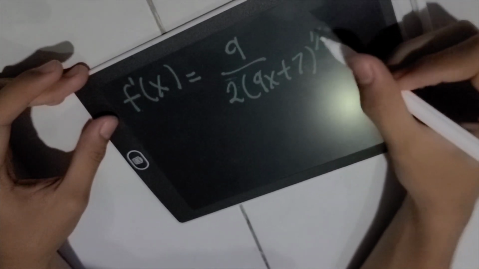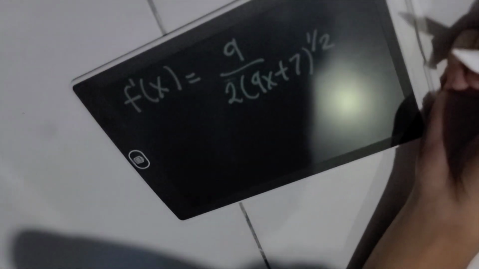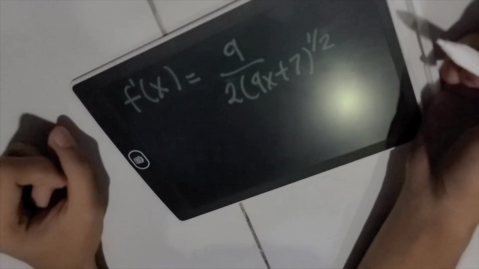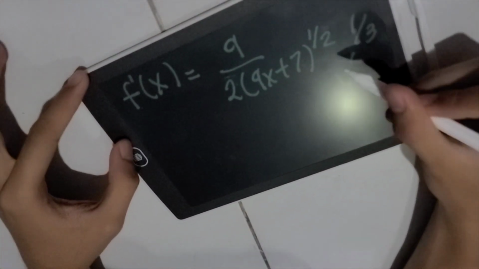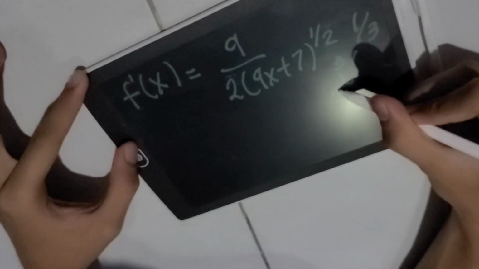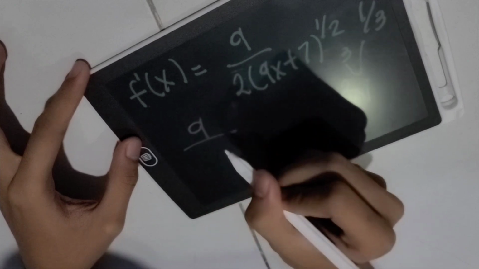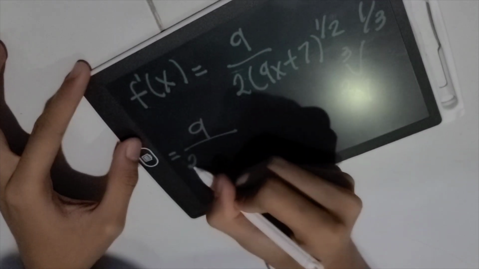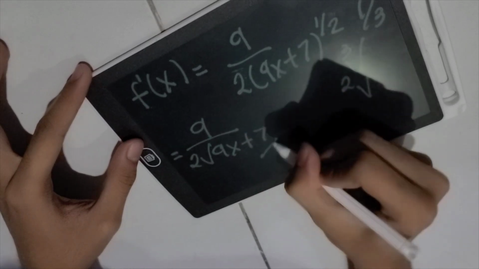So, familiarize nyo to, dapat magiging radical siya kasi 9x plus 7 raised to 1/2 or, halimbawa, 1/3. Gagawin nyo siyang radical so magiging cube root or square root. Okay? So, magiging sagot natin dito ay 9 over 2 square root of 9x plus 7. Ito ang final answer natin.